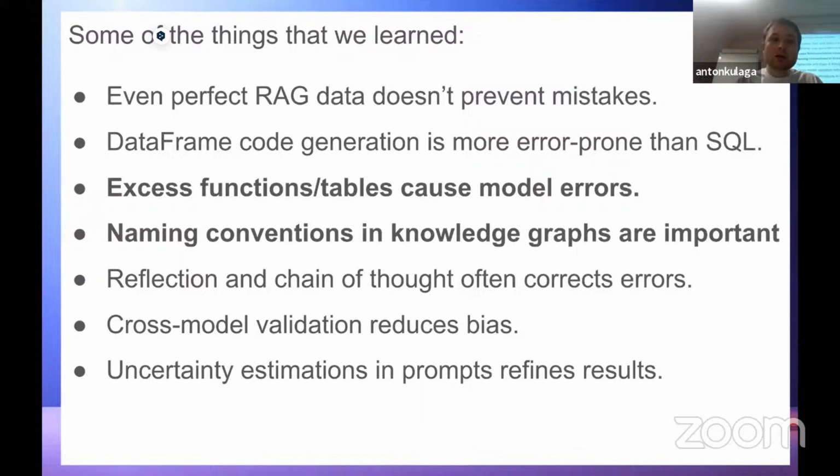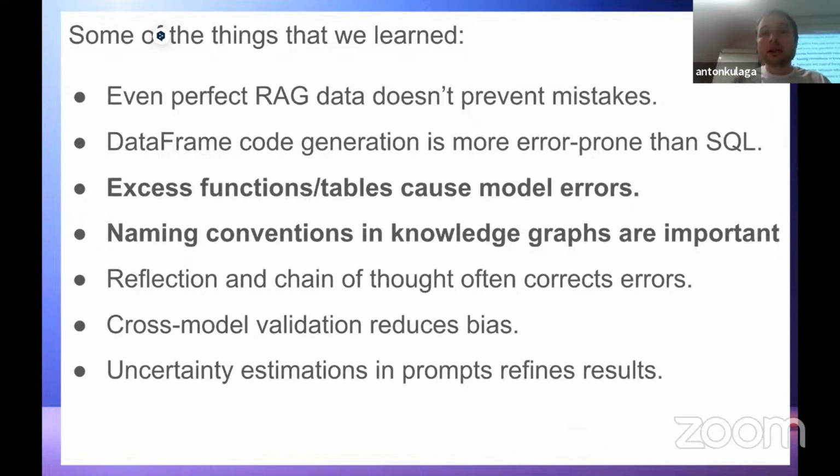We also learned that if you put too many databases at once into one model, it starts getting confused. It's like a human with too many choices. Now we are developing a two-stage approach, where first a router model decides which databases are needed and then talks with the agents that know those databases. It's not yet deployed.